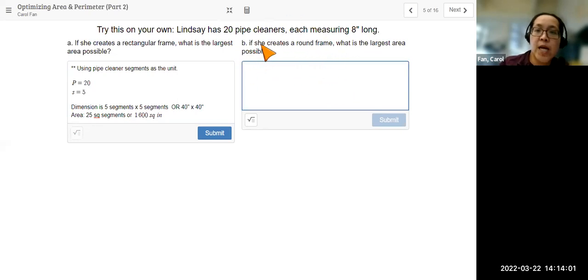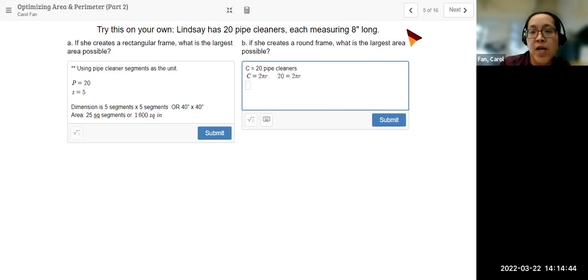Okay, now if we're creating a circular frame, we can go back to figure it out. Once again, I'm going to use pipe cleaners as my segment. So my circumference in this case is 20 pipe cleaners long. That means circumference is 2 pi times r. If I substitute my numbers in, I have 20 is equal to 2 pi r.